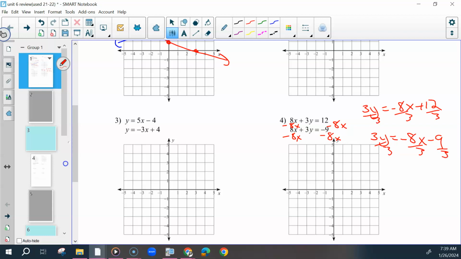Y equals negative 8 over 3x plus 4. You're talking about the first one. Oh, right, the first one, y equals negative 8 over 3x minus 3.